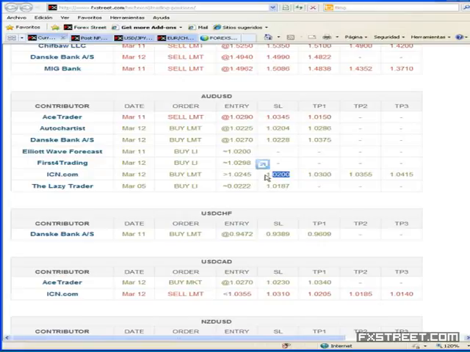If the stop loss level which is being recorded here in the table is exact at that level, or is above or below, or whatever. Okay, so I would recommend, if you find it interesting to follow a specific contributor, to always double check in the report if the numbers are correct.